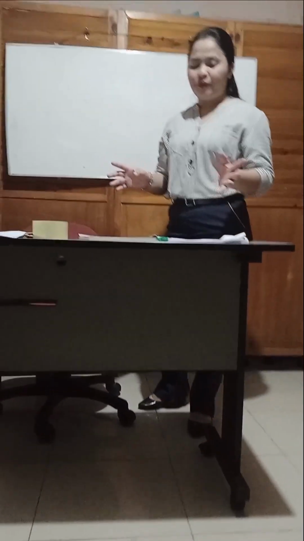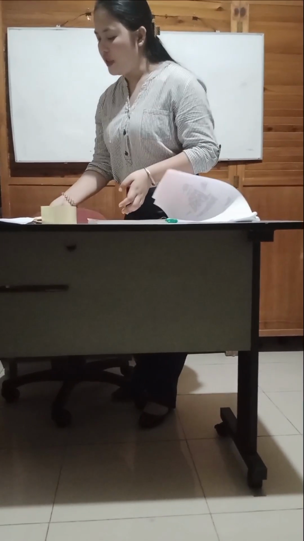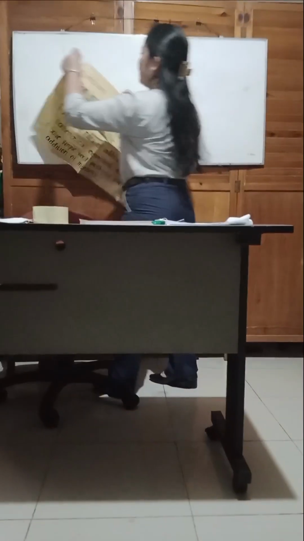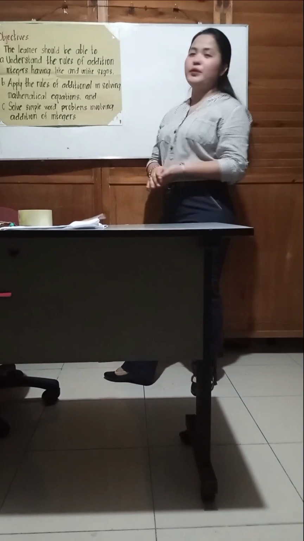Today, our new topic is all about the fundamental operations on integers. But in today's session, we will only discuss the addition of integers. So here are our objectives. Class, who wants to read the objectives?